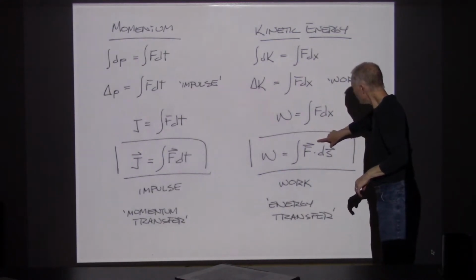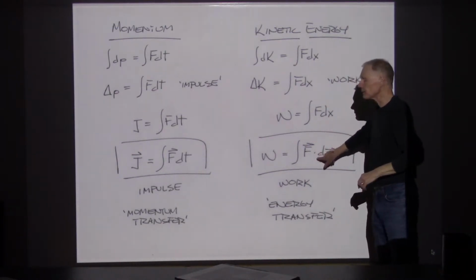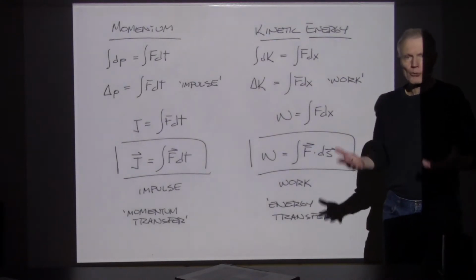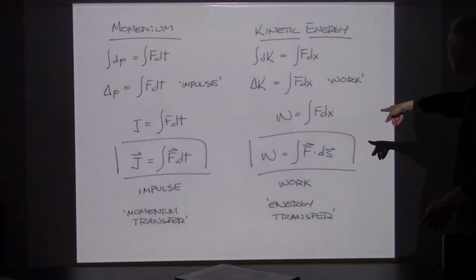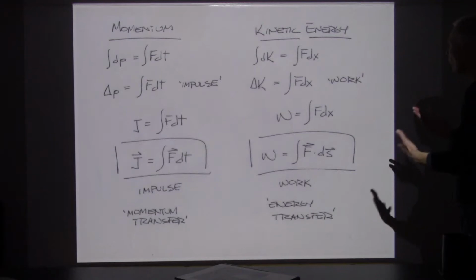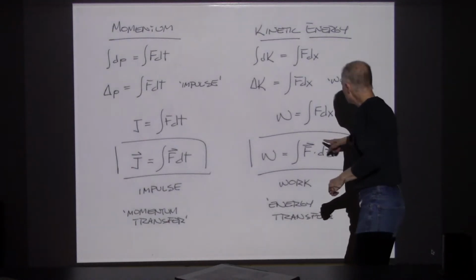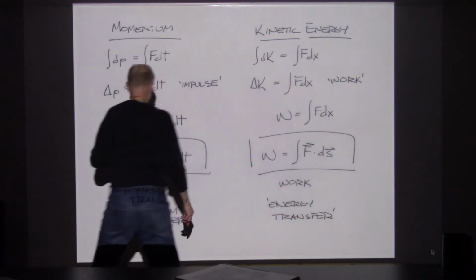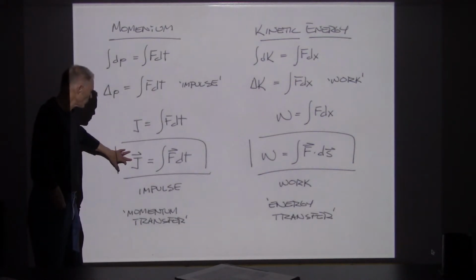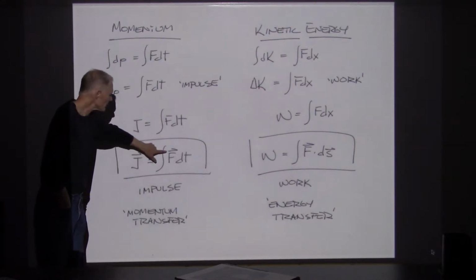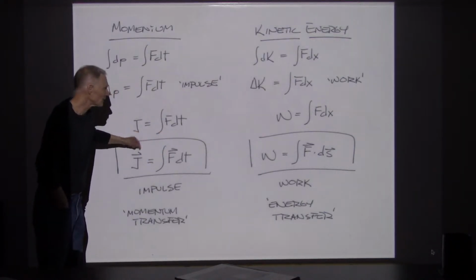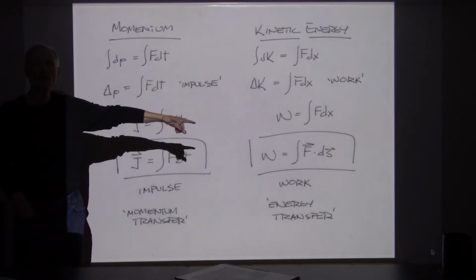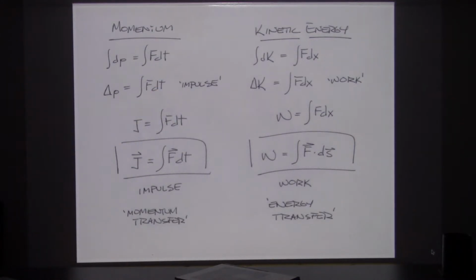And then we said with work, we could actually use what we called a dot product. We introduced that and said that work could be expressed as the integration of forces times displacements, and to keep track of all three dimensions, we did a dot product. In the formula for impulse, impulse is going to be a vector because force is a vector. So the vector signs here match up from left to right, whereas over here, the two vector quantities end up with a dot product and give a scalar.